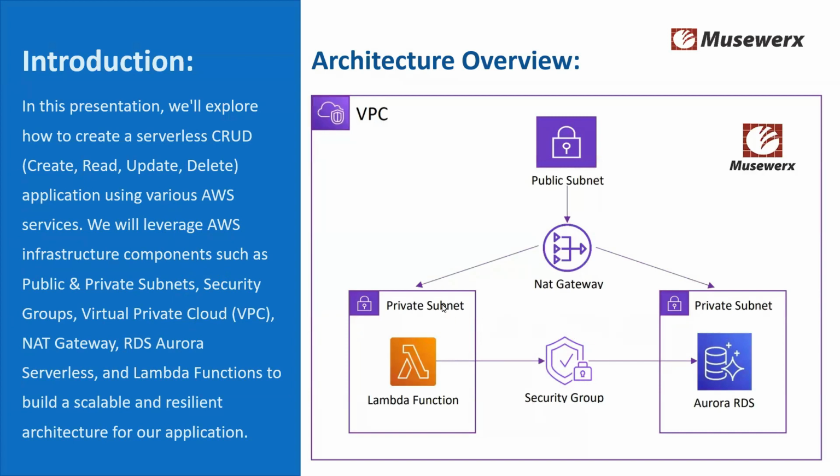So only the allowed components are allowed to access the database resources, and they have to have authentication, which is implemented by this security group. Lambda is the serverless function. Let's move on to the next slide.